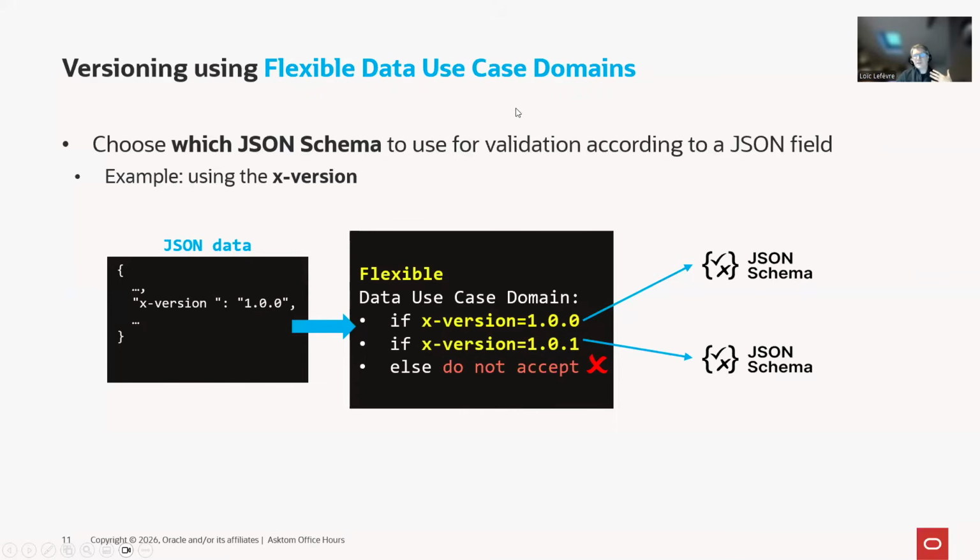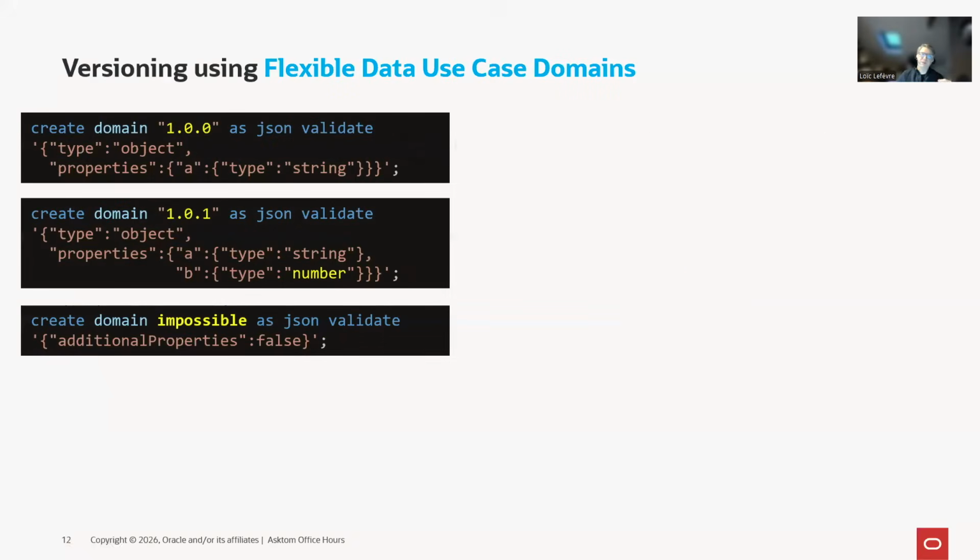A flexible data use case domain can let you actually, based on the value of this field, choose which JSON schema you want to apply for validation. And I will show you actually programmatically what it means. So you start with, for example, defining 3 domains, each having 3 attached JSON schemas, one of which would be tagged version 1.0.0.